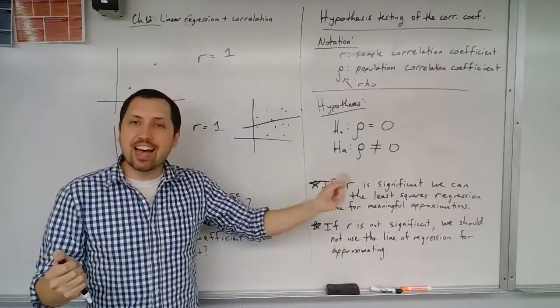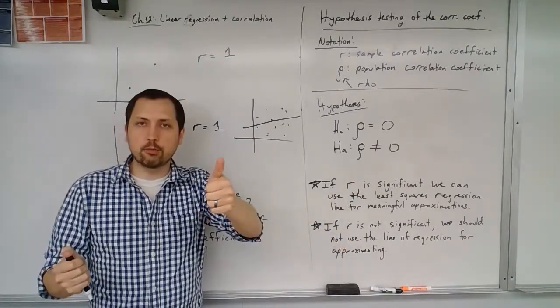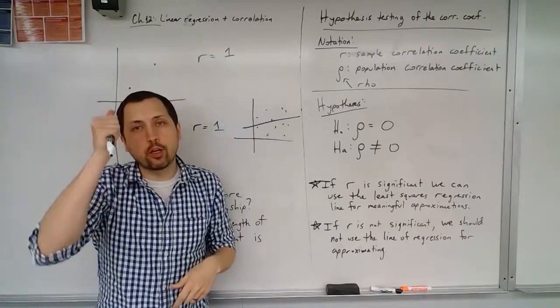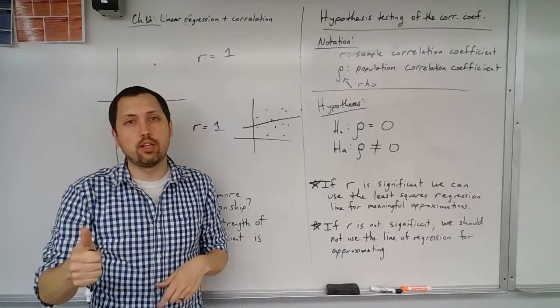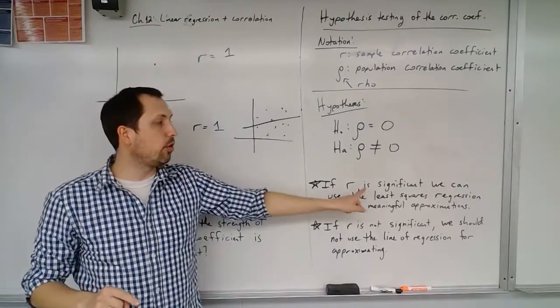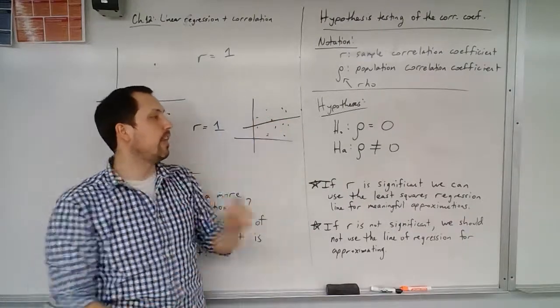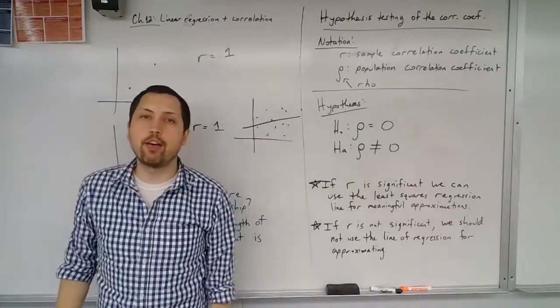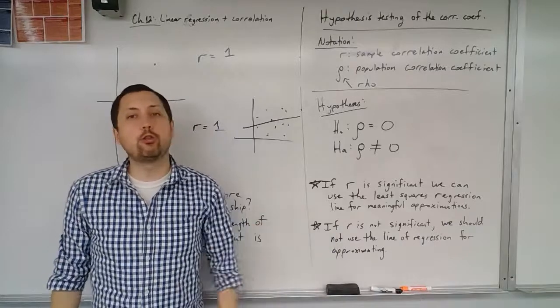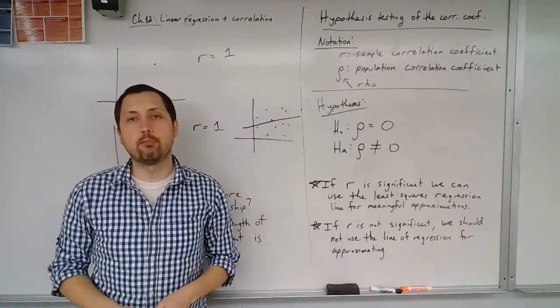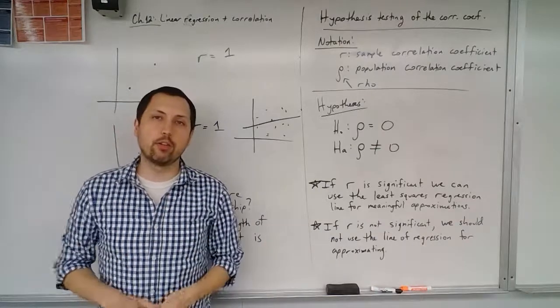So if R is not significant, we shouldn't trust our approximations from the line of best fit, and if we're doing extrapolations, we also shouldn't trust the results. But if you're doing interpolation, so if you're within the realm of the data and you have a significant R value, then by all means, you trust all of the approximations that you get from the linear approximation method that you've done with your linear regression line.